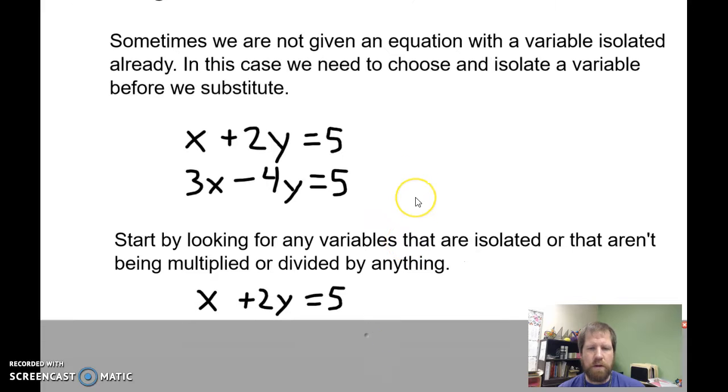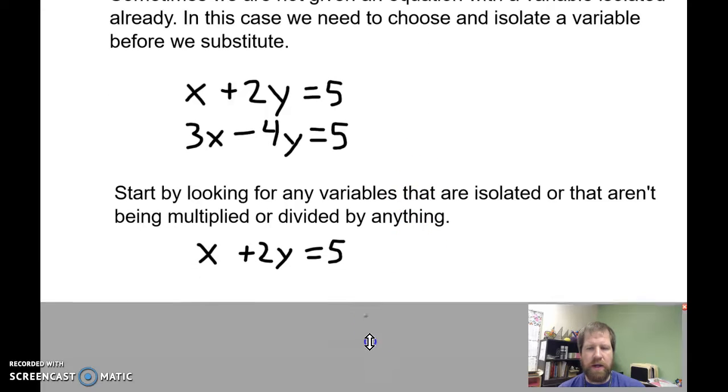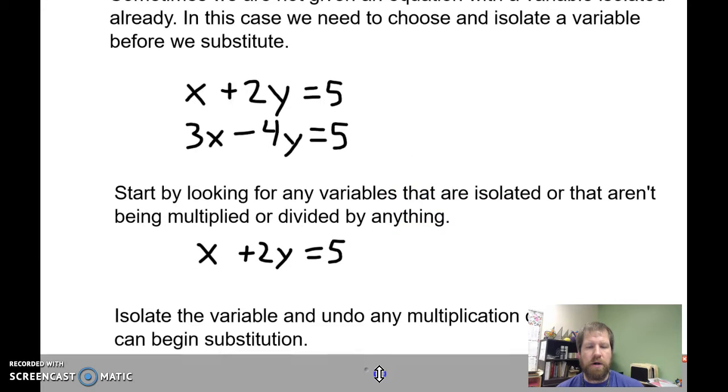What I do when I am starting one of these problems is I look for either a variable that's already isolated, so it's already alone on one side of the equation, or a variable that's already just one. Here I recognize that I've just got one x, my x is by itself.